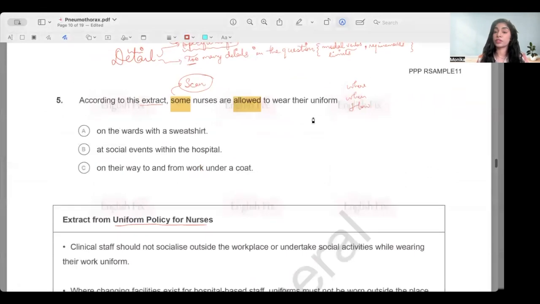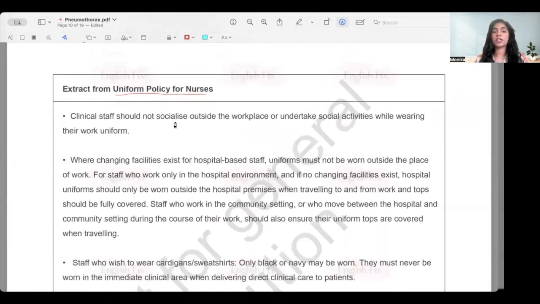Where are they allowed to wear the uniform? And here they are saying that it's about clinicians or clinical staff not socializing. That's not what they are talking about, or undertake social activities while wearing this. So they are telling me what they shouldn't do while they are wearing their uniform. That's not what I'm interested in. I am interested in where are they allowed to wear the uniform. So this does not contain my answer.